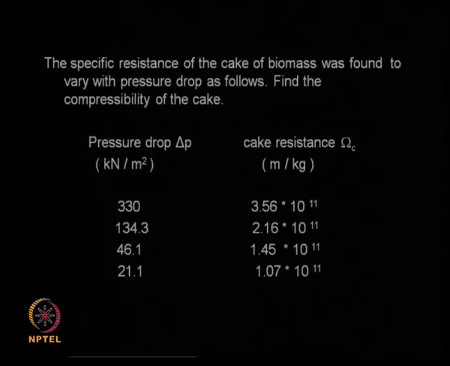So imagine I have done some experiments and at different pressures delta p, you get different cake resistance. So what do we do? You can plot the logarithm of this delta p and logarithm of cake resistance and see how the line looks like, whether it passes through the origin or whether it does not pass through the origin.